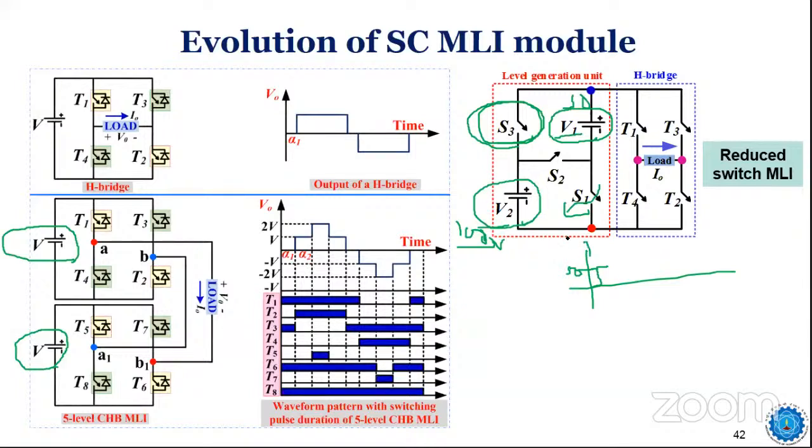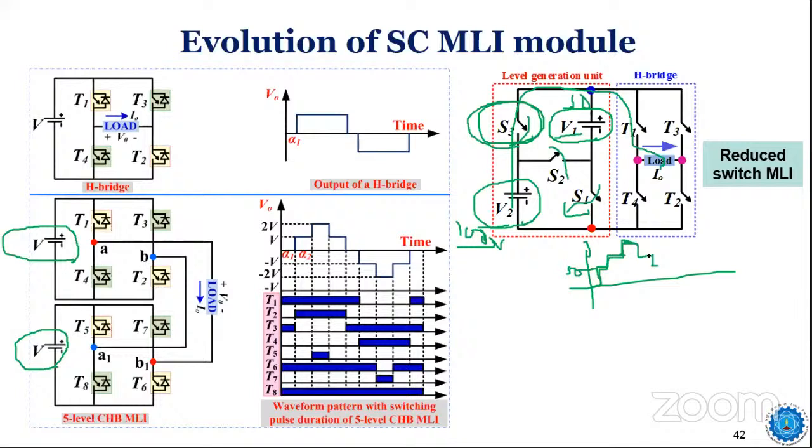See the interesting feature: I can get only S3 on, no other switches on. If I switch on S3, current will now flow through S3 only and my output will be only 100 volt. Then in the third step, if I switch on S2, my output will be 150 volt. So how many steps have I got in the positive half cycle? Instead of 2 steps, I've got now 3 steps.